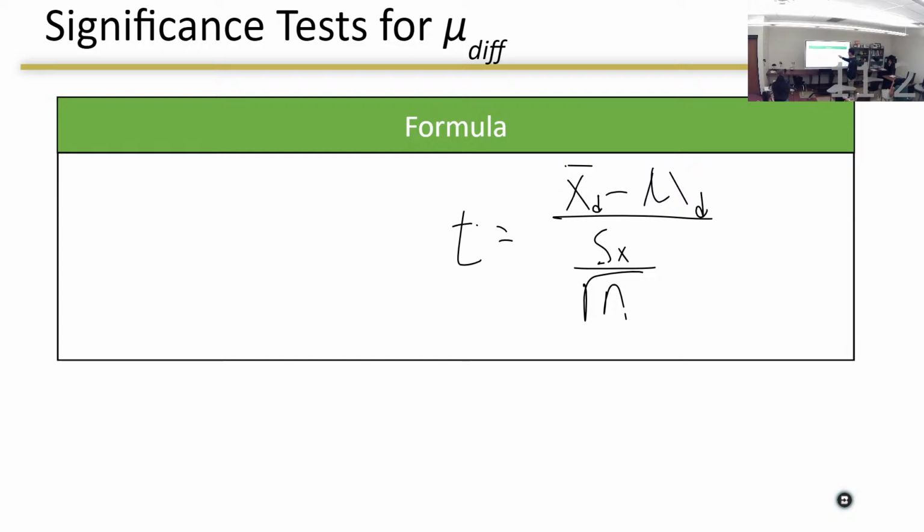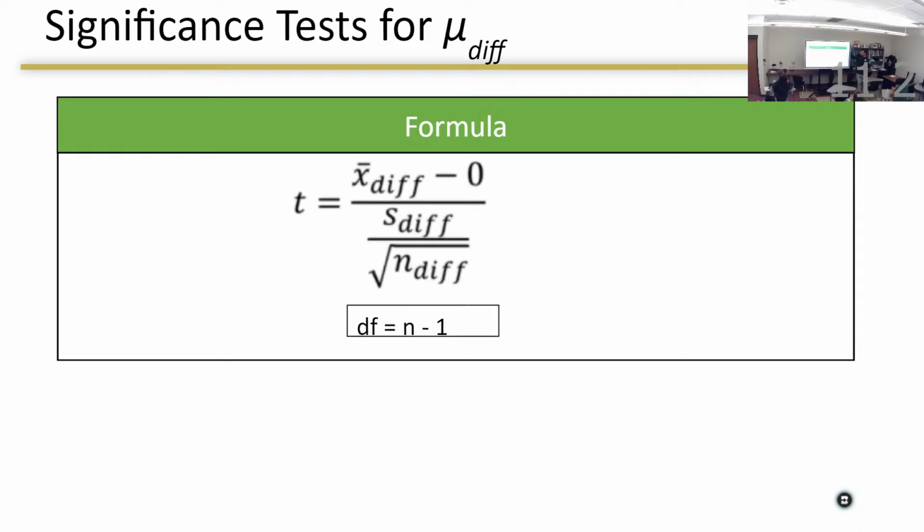You can, you don't have to. They might put sub DIFF down. Whatever. It's just one sample. And because it's one sample, the DF is n minus 1. It's back to our easy one.